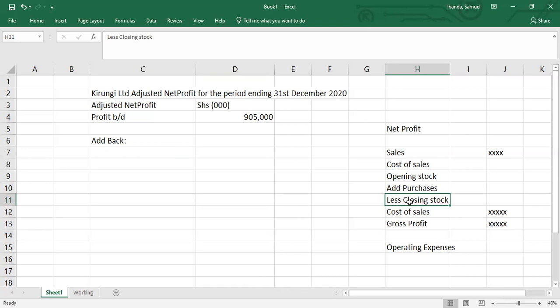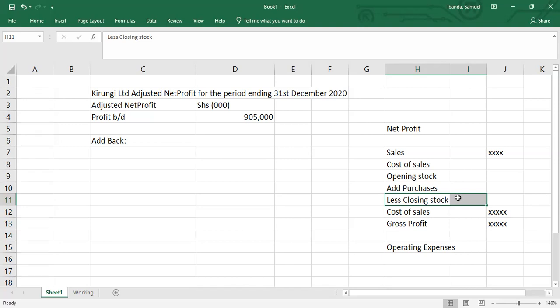When our closing inventory goes low, our cost of sales will go high. When our cost of sales goes high, it will negatively affect our profit, because the higher the cost of sales, the lower the profit.